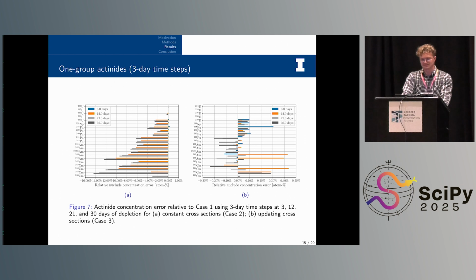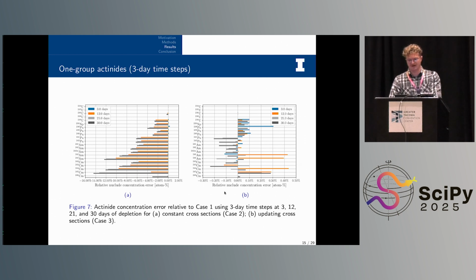So these two figures show the relative error of case 2 on the left and case 3 on the right, relative to case 1. So these relative errors are all relative to case 1. I want to point out the scales on the x-axis here. Case 3 is quite low.